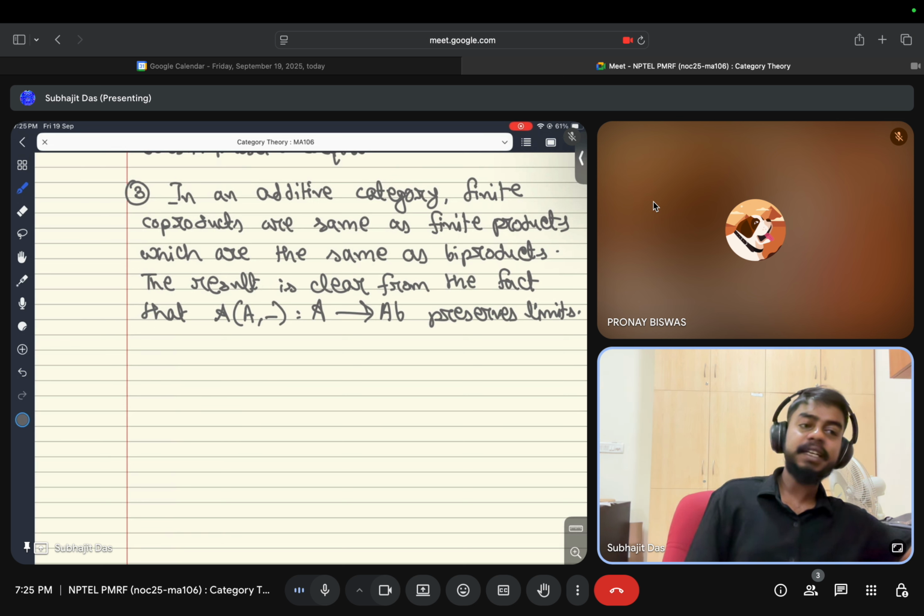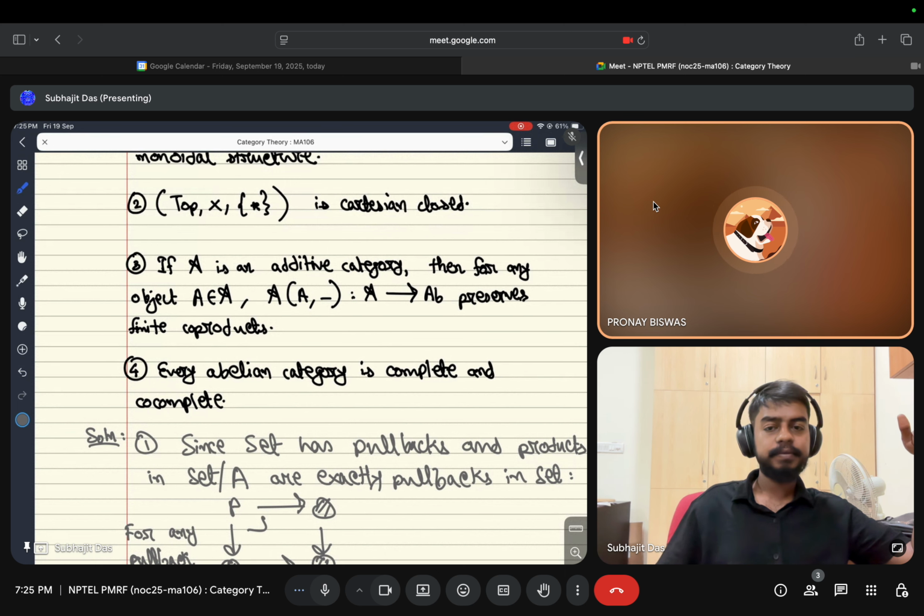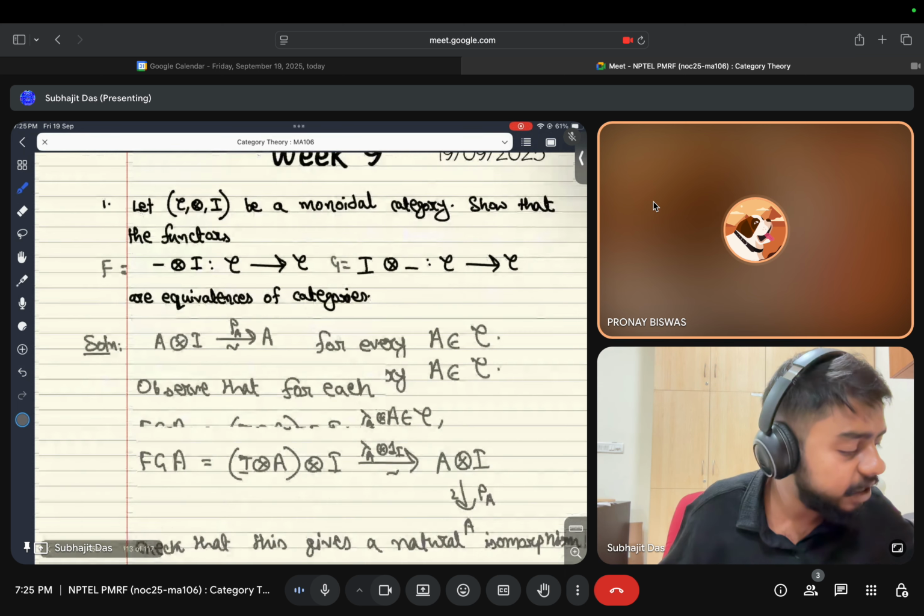Every epimorphism is a co-kernel, right? But what is an additive category? If you look at its definition, what is an additive category? A pre-additive category with, okay, I should have observed this earlier, with binary products and a zero object.